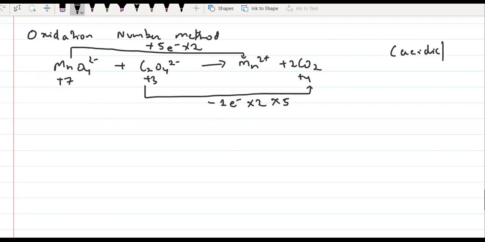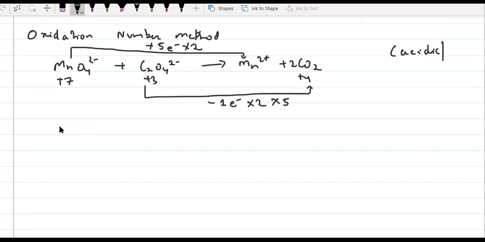This is exactly what we did in the third step of the ion electron method, step by step, guys. Yes or no? So we will get what?